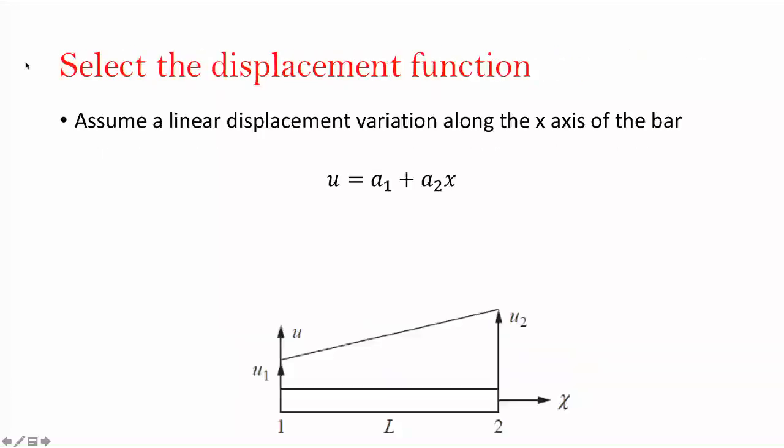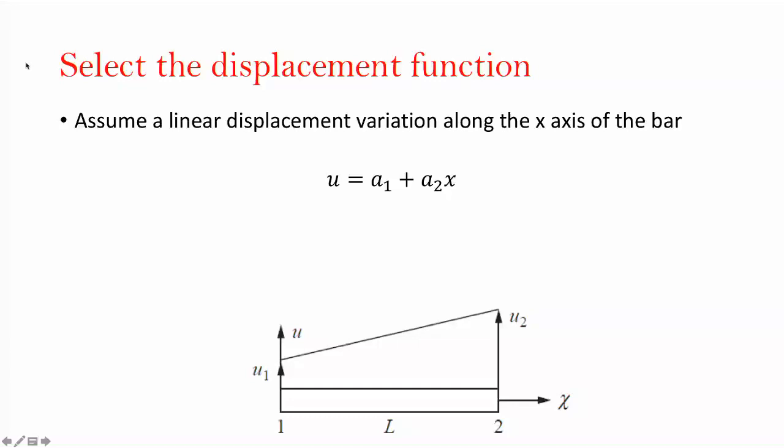The second one is to select the displacement function. Since we want to go for a linear displacement function to make it easier to derive the equations, we can just write down the only degree of freedom for each node, which is in the direction of the x-axis, u, in terms of the nodal values, which are u1 and u2. It's exactly the same procedure that we've done for the spring element.